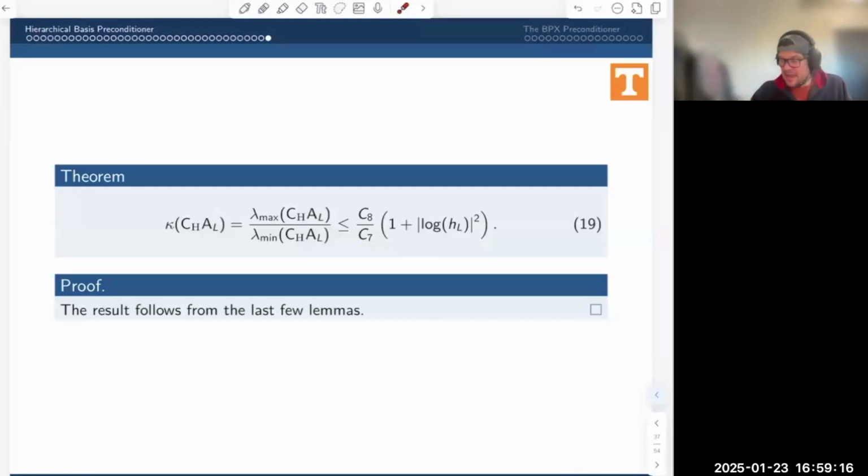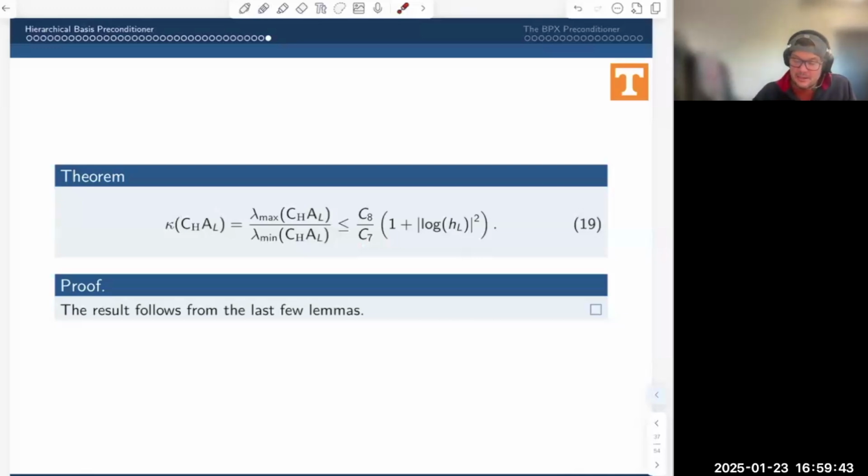It is possible that thousands of people have gone through the proof and missed exactly the same errors, but I doubt that. So I do believe the result. But you can see that I get this log dependence, which isn't the best in the world. I argued that for a 10 level mesh, this is kind of like 1,000. So it's not as good as it could be, but it's not the worst it could be either.